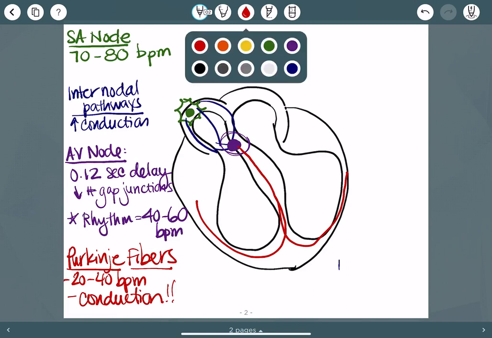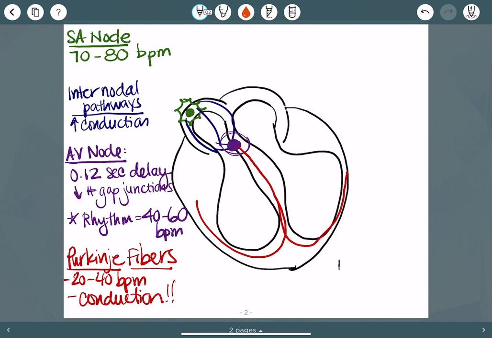So there are some important things to put on here so we remember when we start talking about rhythm disturbances. The pacemaker of the heart is the SA node. If anywhere else in the heart is controlling the rate of the heart, so if something else takes over and is controlling the rate instead of the SA node, you call that an ectopic pacemaker.